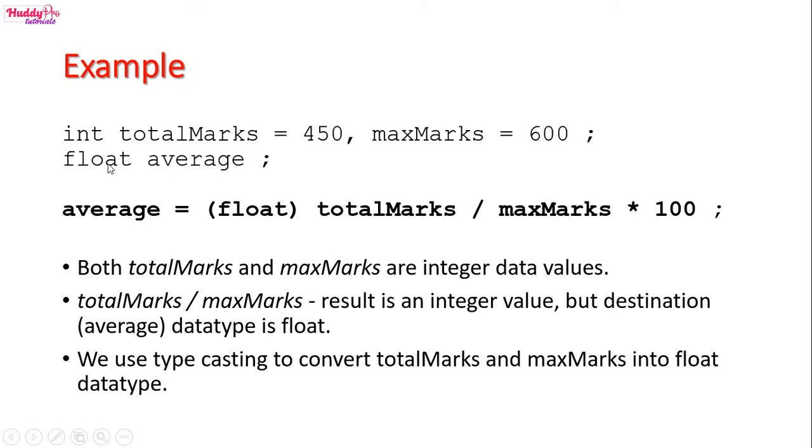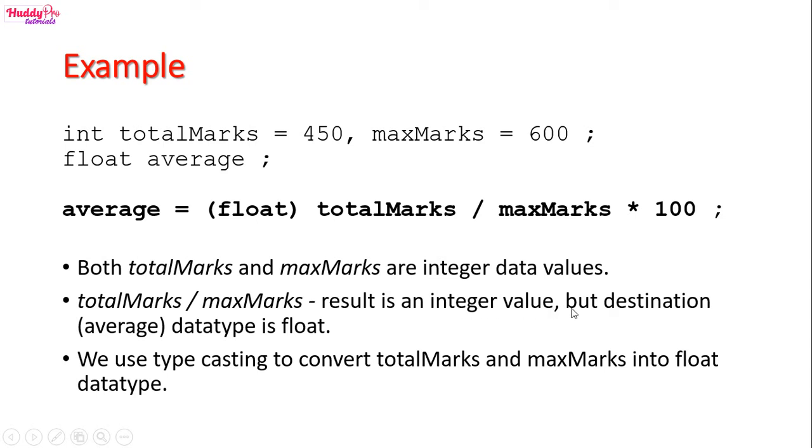Now when we perform total marks divided by maximum marks, the result that we expect is an integer. But remember, in reality, 450 divided by 600, the answer you get on the calculator is not an integer, it has decimal points. But since we have declared them as integers, we shall get an integer result.